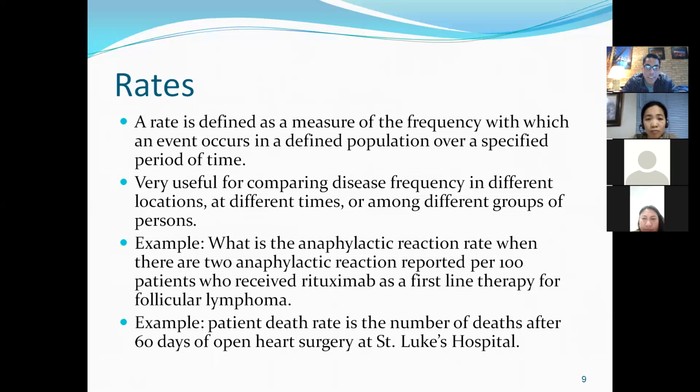And the example there that I put in is, what is the anaphylactic reaction rate when there are 2 anaphylactic reactions reported per 100 patients who receive rituximab, which is a monoclonal antibody that's still murine.